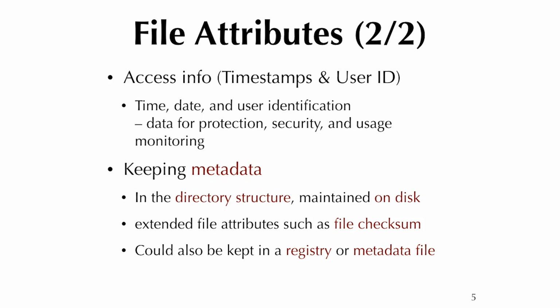So these attributes, where are they kept? These attributes are kept in a directory. That means if you transmit just the file content without the directory structure, you may lose a lot of these attributes.